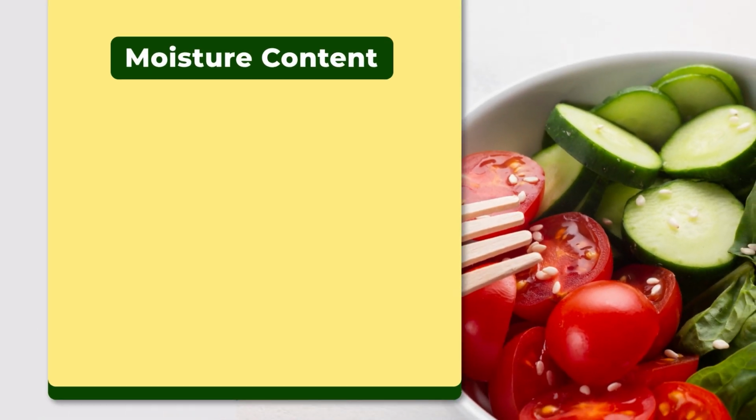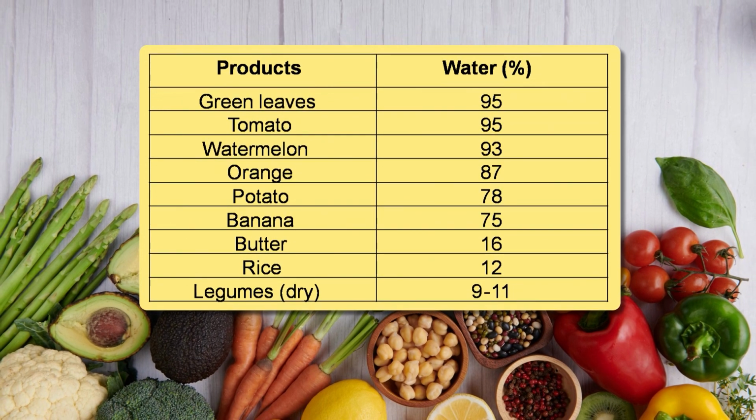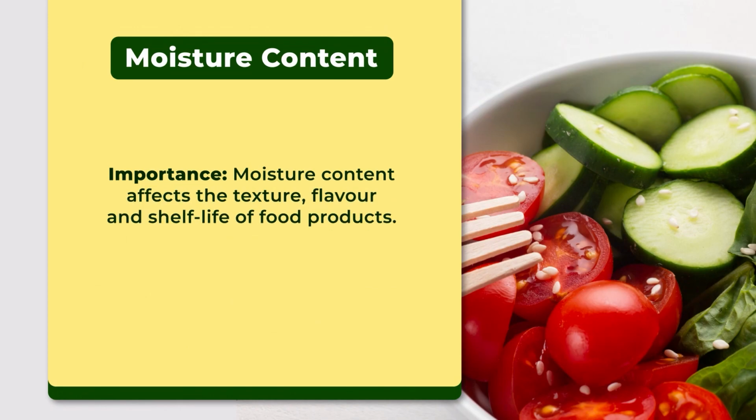So what do we mean by moisture content? It is the total amount of water present in a food, and it is expressed as a percentage of the total weight. Like in the last slide we saw the moisture is 11%, so of the total weight, the water will be around 11%. Now its importance is that it affects the texture, flavor and shelf life of the product.